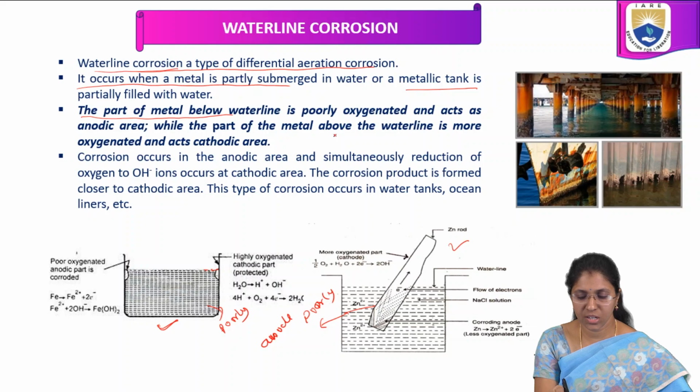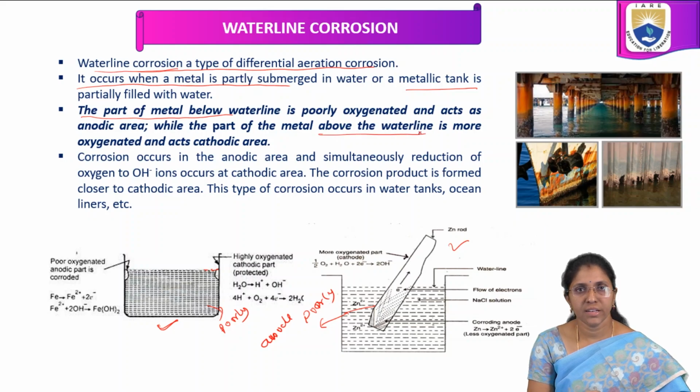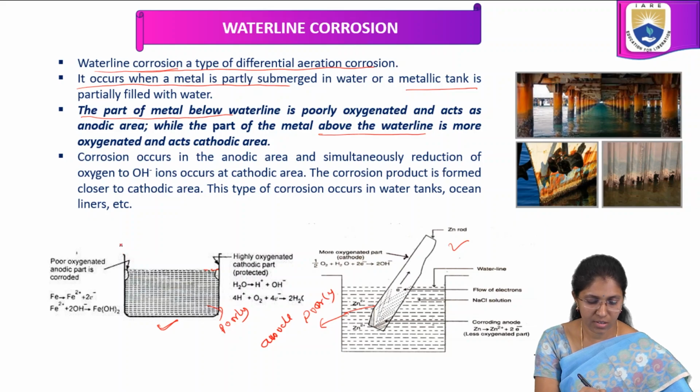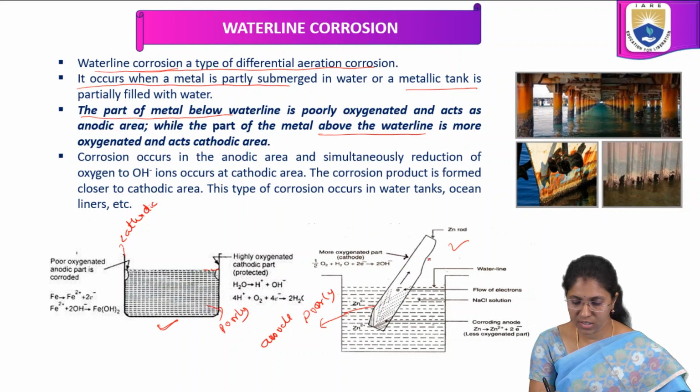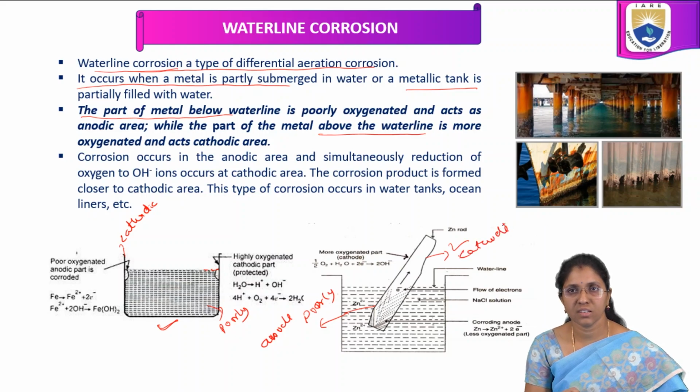The parts above the waterline are more oxygenated and act as the cathodic area. In the case of the water tank, and in the case of this rod, this part can act as the cathode.